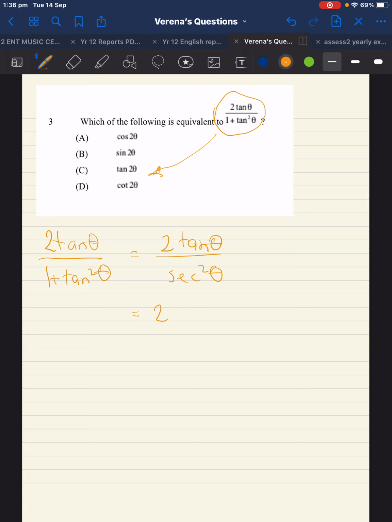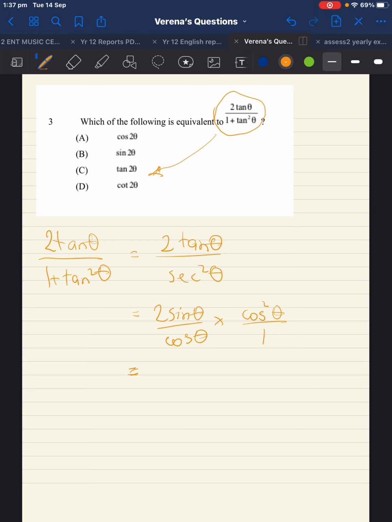From this point, tan is, of course, sine over cos. We're dividing by sec, which is 1 over cos. Well, sec squared would be 1 over cos squared. You're dividing by it, so ultimately you end up timesing by cos squared theta over 1.